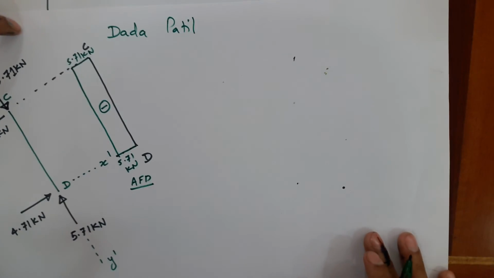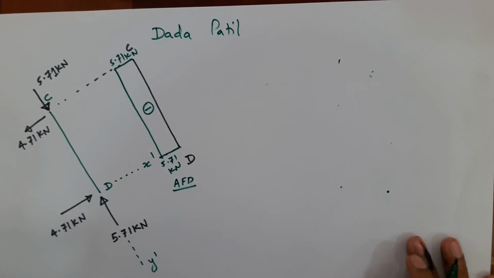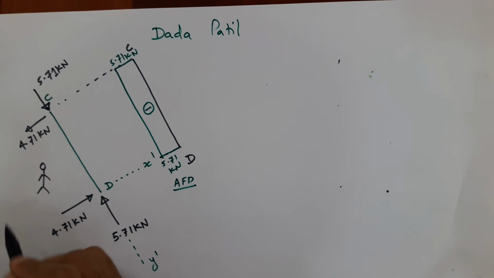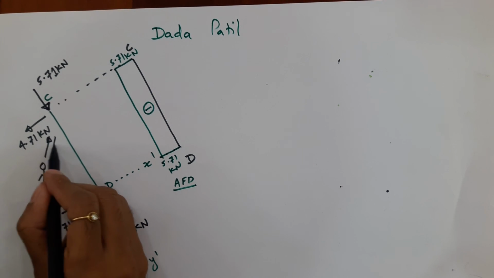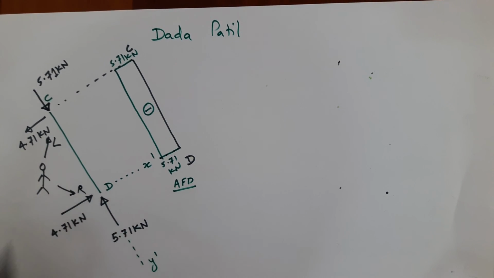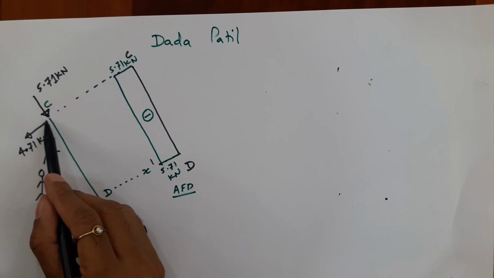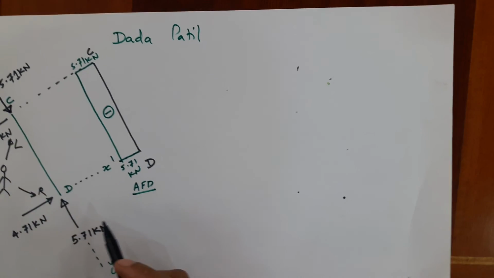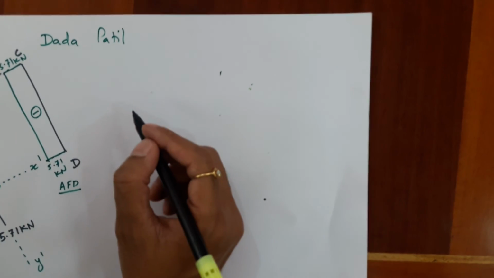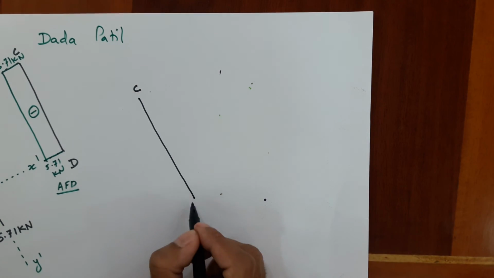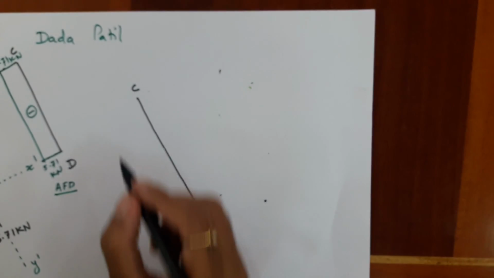Now coming to the shear force diagram, again as I told you, we have to stand inside. So when I look, this becomes my left and this becomes my right. Now because of 4.71, left is going down. So when left is going down, that means it is negative, and I draw it inside.